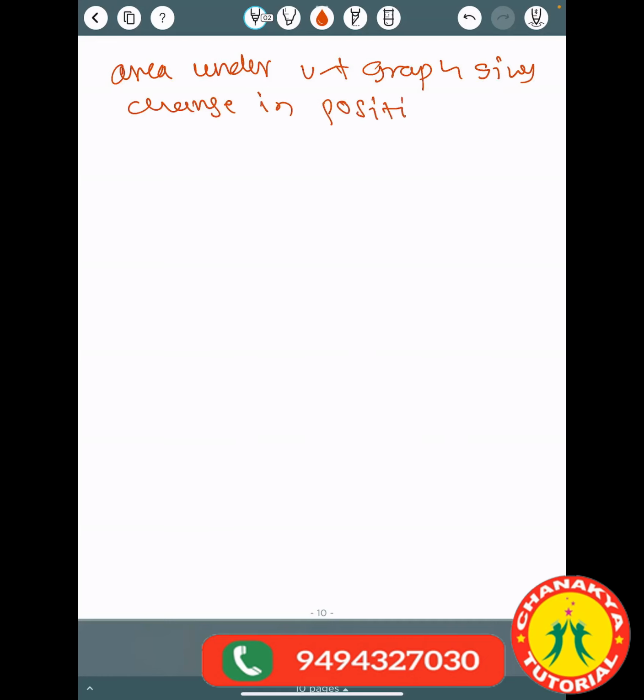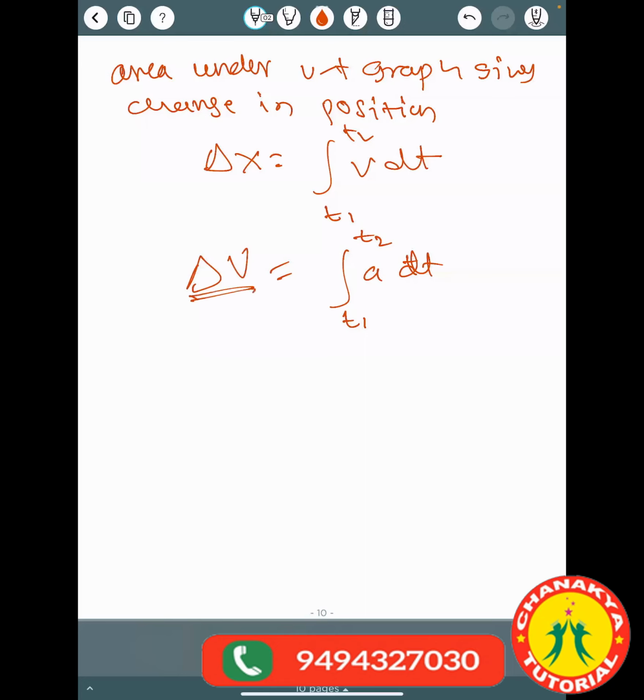Delta x is equal to integral of V dt. Integration means area under graph. And what does the area under the AT graph give? Change in velocity. Yes, that word should come. Change in velocity. What does change in velocity mean? Final minus initial.